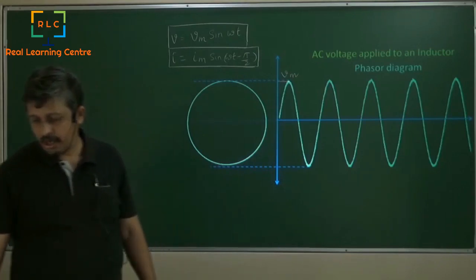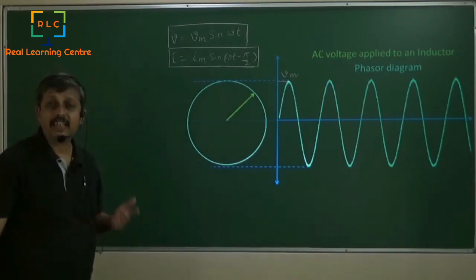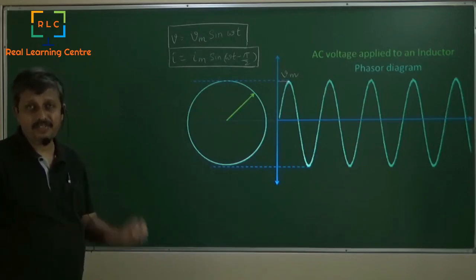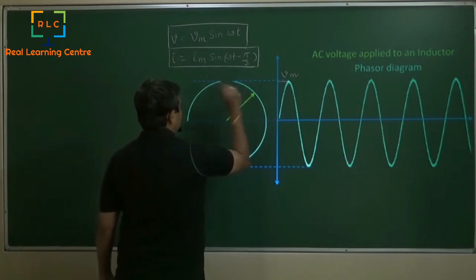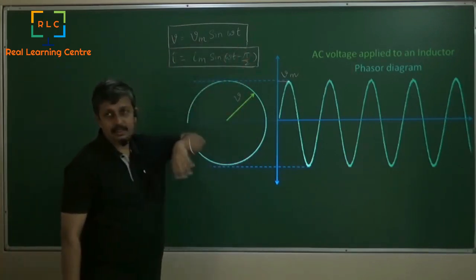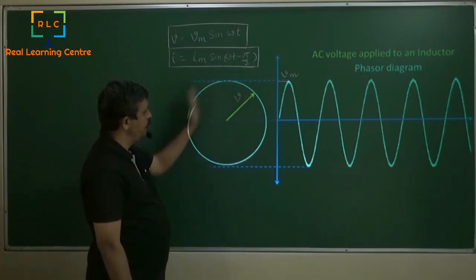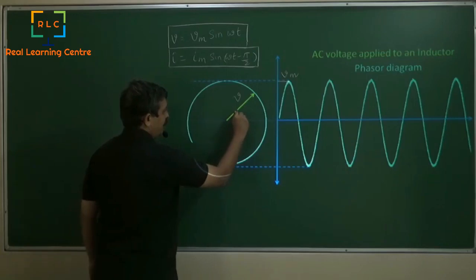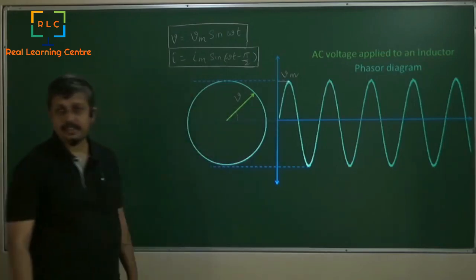And we're going to draw a line here which demonstrates the phasor. This represents the phasor of voltage. This is our voltage, just V. So saying that V is equal to Vm sin omega t is represented by just this V, because this is going to vary like this, and this is our angle that keeps changing.